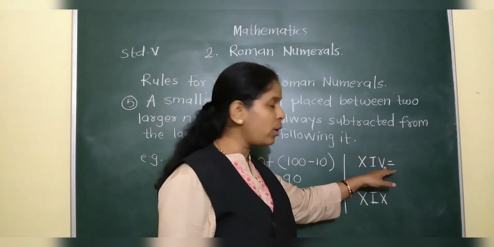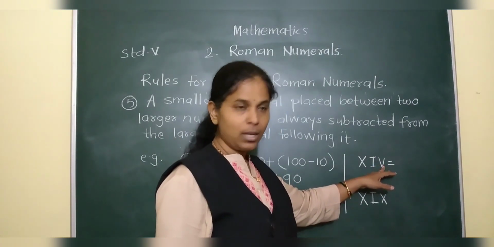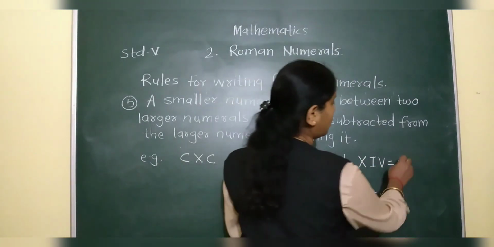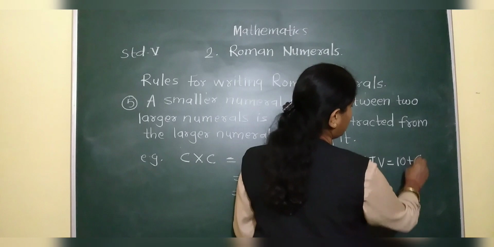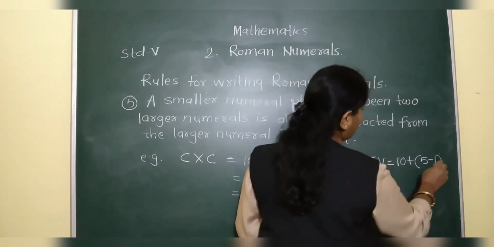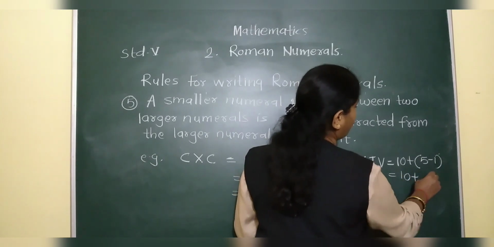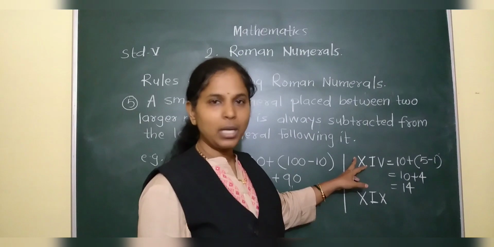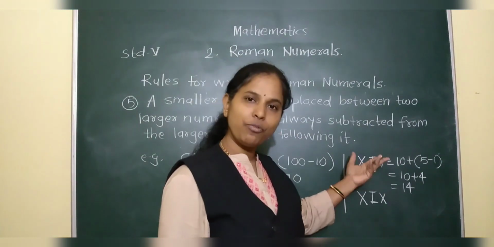Which number follows? This V, correct? So 5 minus 1 is 4. So how to write it? 10 plus 5 minus 1, that is 10 plus 4, and 10 plus 4 is 14.